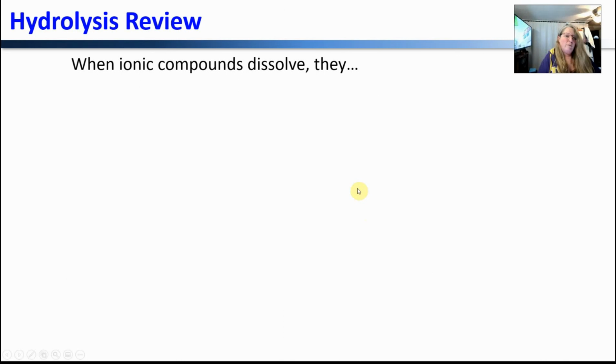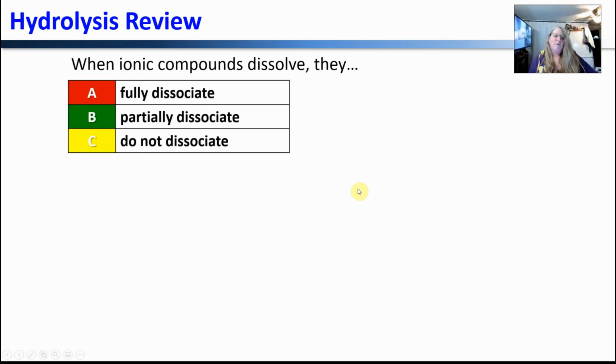Okay, so what happens when ionic compounds dissolve in water? Do you think they fully dissociate, partially dissociate, or do not dissociate? When an ionic compound dissolves in water, they completely dissociate. So that's going back to the fact that our water molecules are polar.